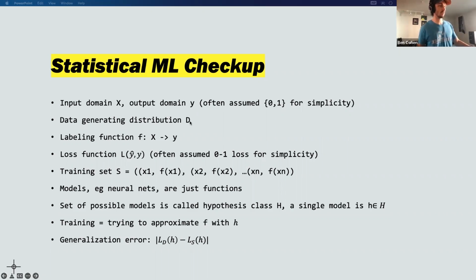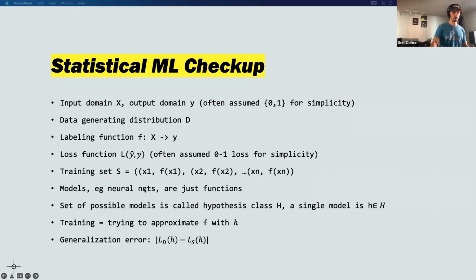There's a data generating distribution D that samples points from X. And there's a labeling function f, which takes points in X and labels them with something in Y, for now the set {0, 1}. There's a loss function. And again, in early basic theorems, you just assume it's 0-1 loss for simplicity. You have a training set S, which consists of a series of tuples: a point x, and then f of x, which is its label.